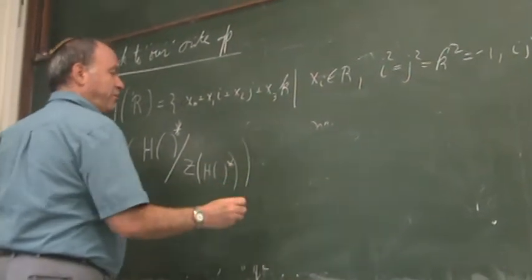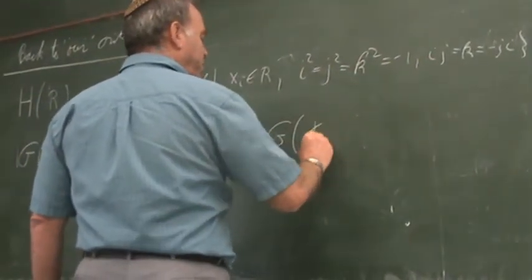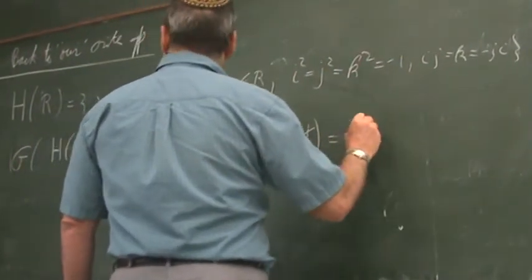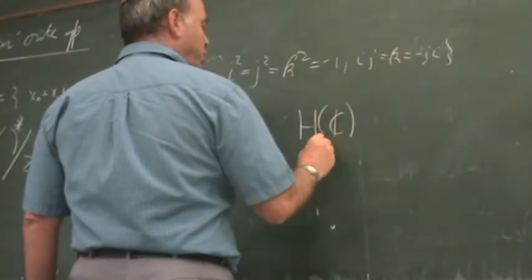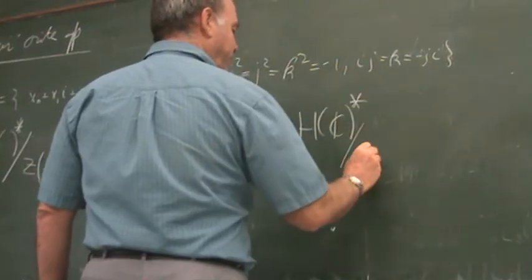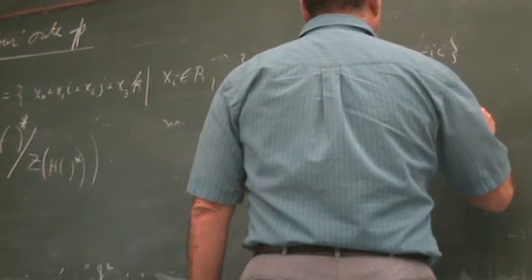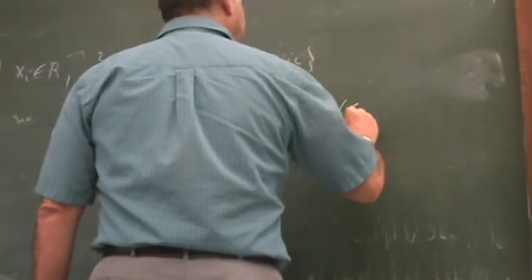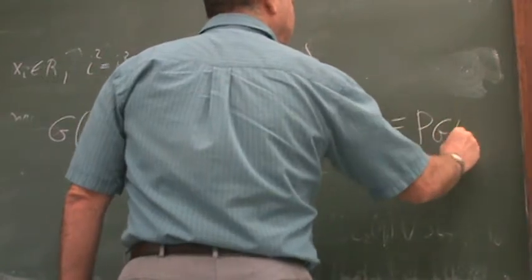For example, if you do it over the complex numbers, we know that H of the complex numbers is the 2 by 2 matrices, and the invertible elements divided by the center are like GL2C divided by the center. So this is PGL2C.